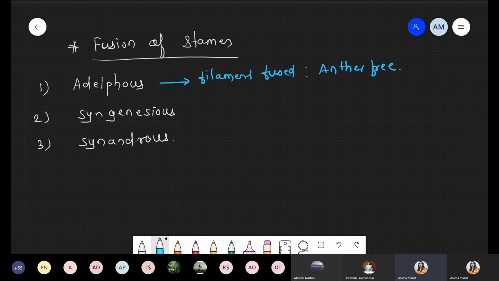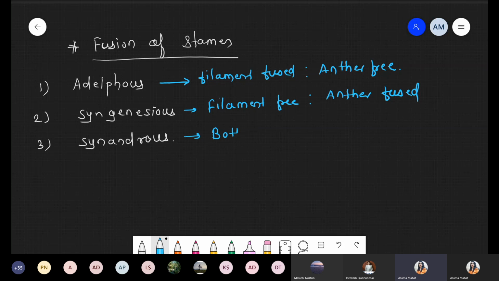Now the syngenesious condition: in this condition the filaments are free, exactly the reverse, and the anther parts are fused. And finally, the synandrous condition is where both filament and anther are fused. So these are the 3 types of fusion which are very common in the androecium.